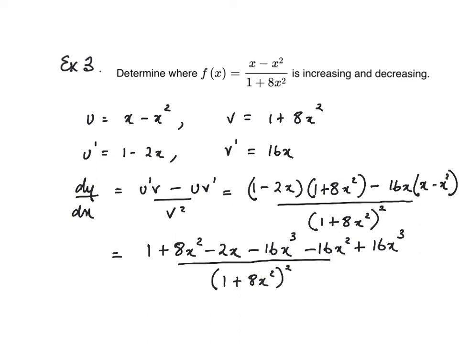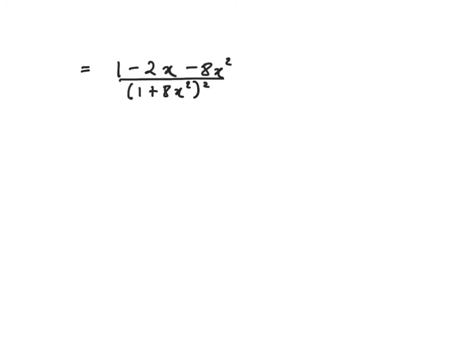Now we have these two terms cancelling out, which is fortunate. So 1 minus 2x minus 8x squared over 1 plus 8x squared all squared. So what we have now, here is our derived function.